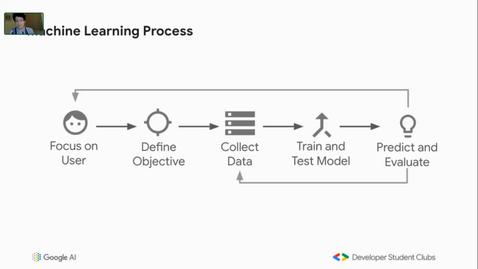Then we want to train and test our model. This is the part where you feed it your data and you see, does it work? And then we have our predict and evaluate. This is the fork in the road, because you have to figure out, well, did it do a good job? Did it do what we wanted it to do?